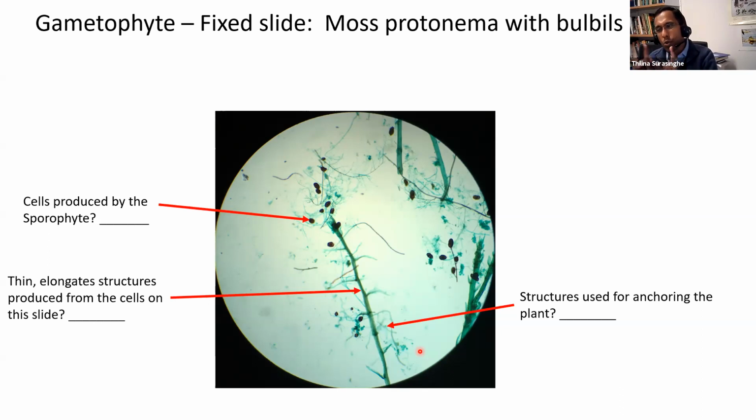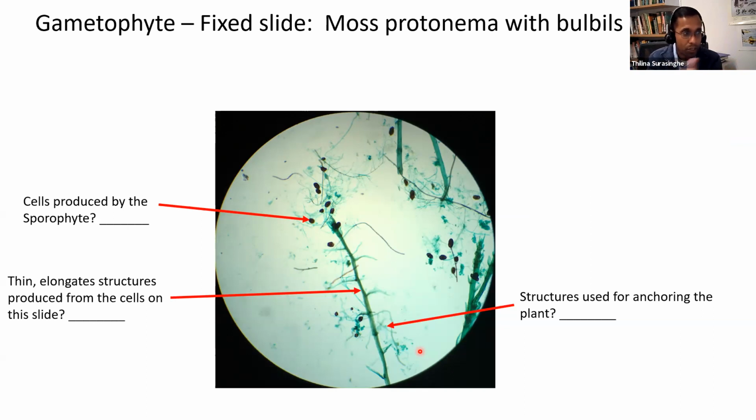There are potentially two correct answers over here. It's like the fungal mycelium. So you can call it either protonema, that wouldn't be wrong, or you can call it gametophore.